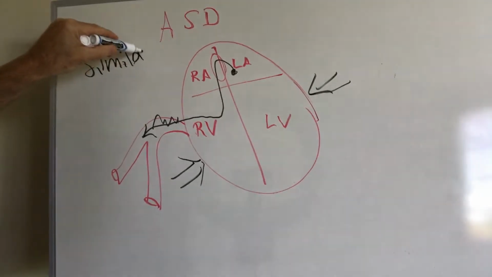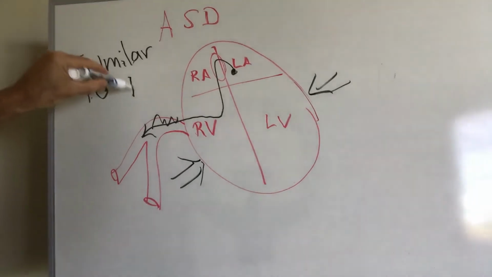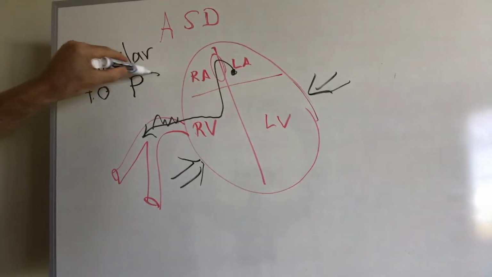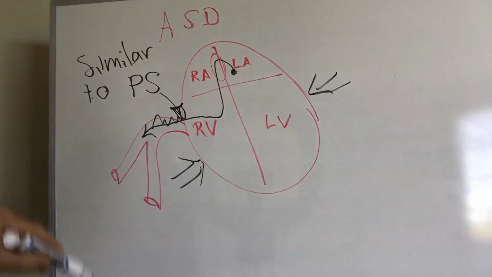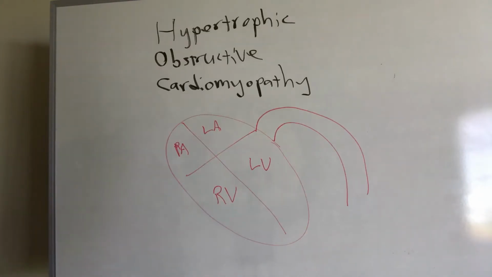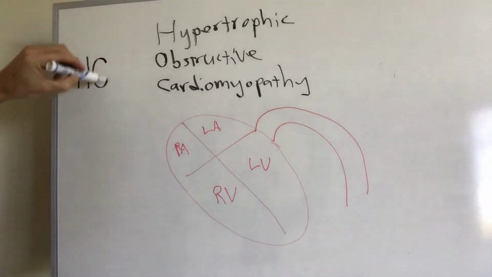What this does is it causes a harsh systolic type murmur, and it's a lot like pulmonary stenosis murmur. So atrial septal defect and pulmonary stenosis murmur are both systolic murmurs that are heard in a similar spot when you auscultate.